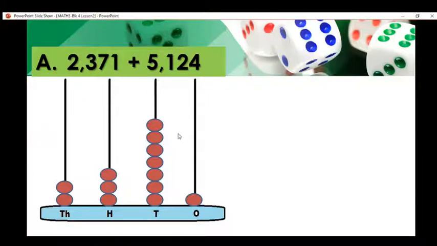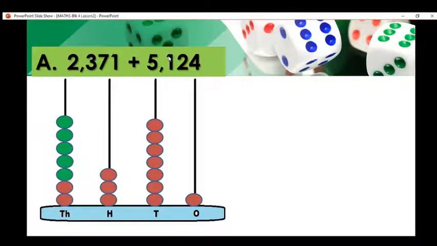Now that we are done putting the digits per place value in our first number, we will go with the second number, which is 5,124. How many thousands do we have in our second number? Very good, that is 5. I will represent this with green circles. So we need 5,000: 1, 2, 3, 4, 5.